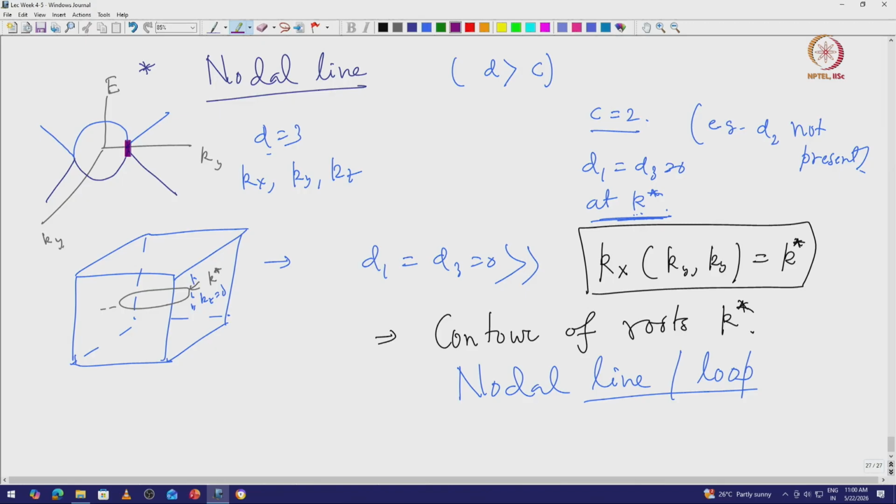So these bands are degenerate in some contour. Okay, and imagine doing it in 3D. You can check it out on Google search that this will happen in a contour like this. It's called nodal line. All right.